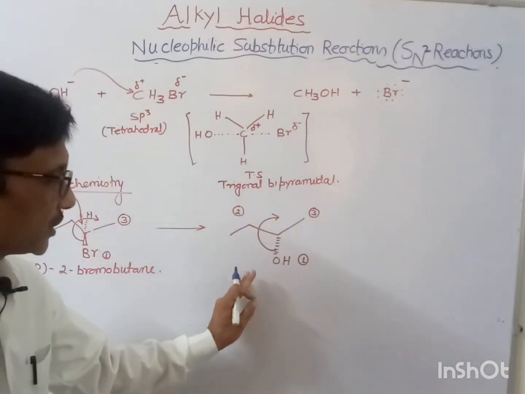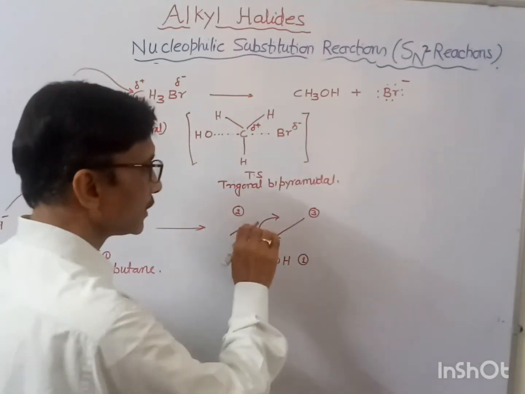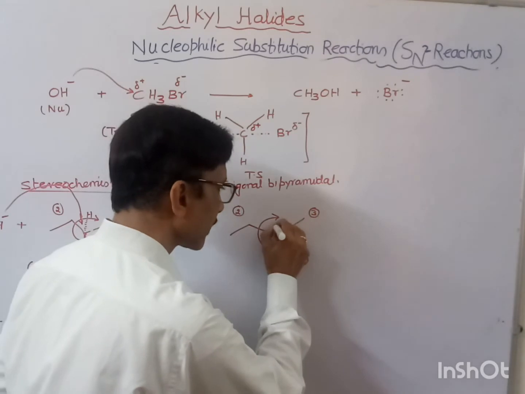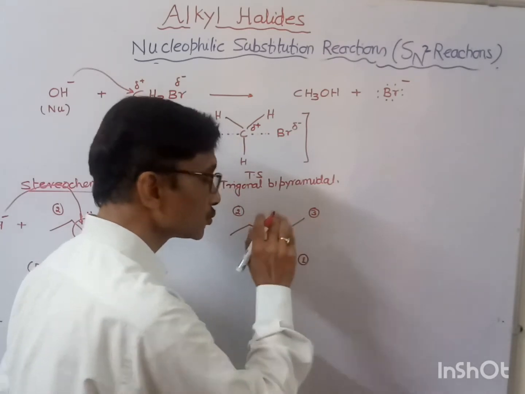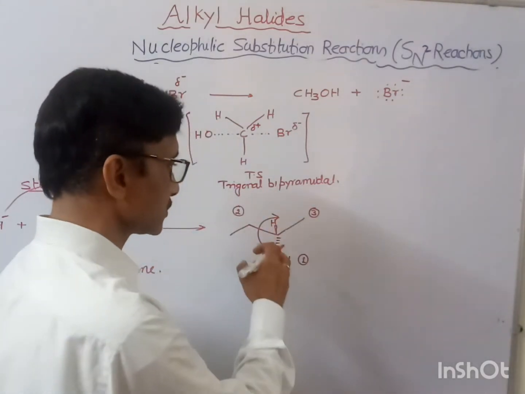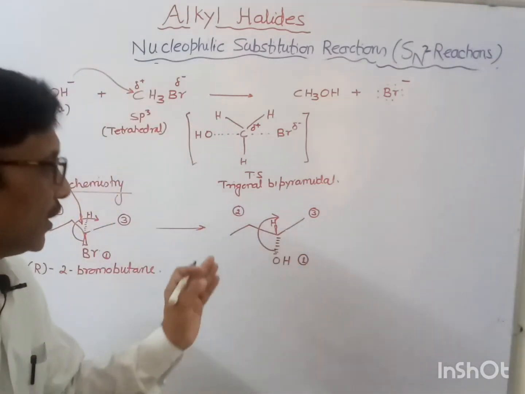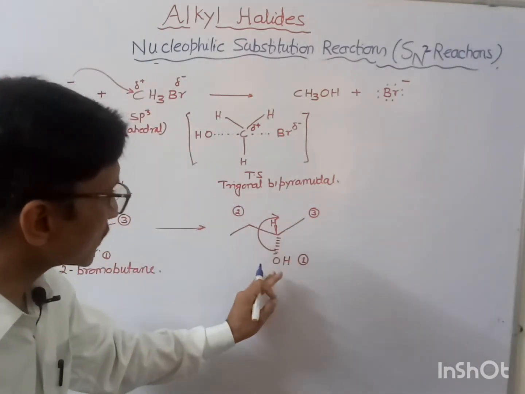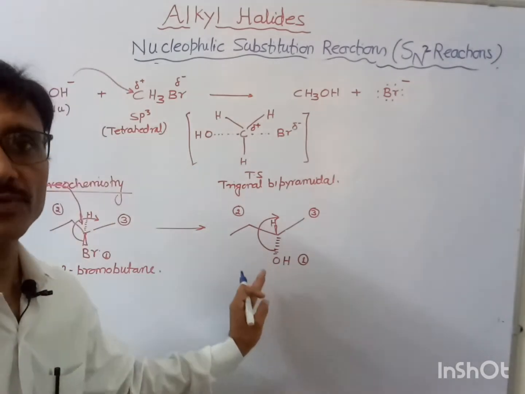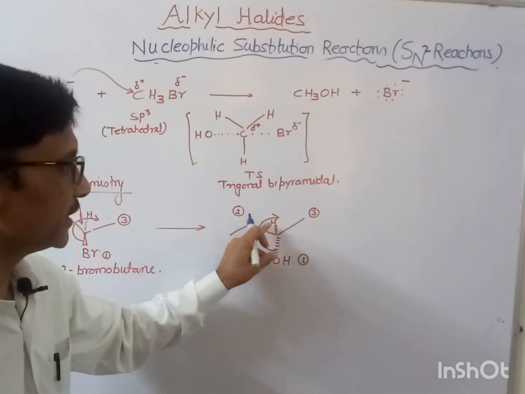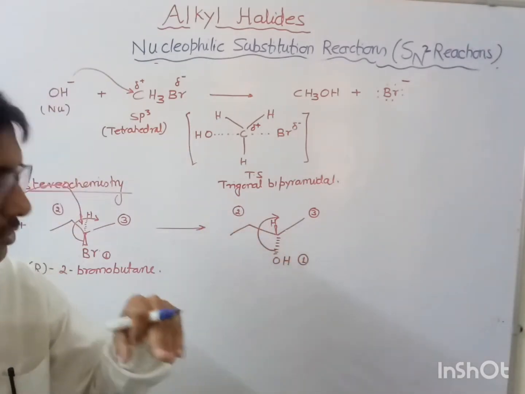So clockwise direction, but here the lowest priority group, which is hydrogen, is not away from us, it is towards us. That's why in such a case, if we are getting the R configuration, then the configuration should be reversed, that is S, because the hydrogen is towards us, not away from us.